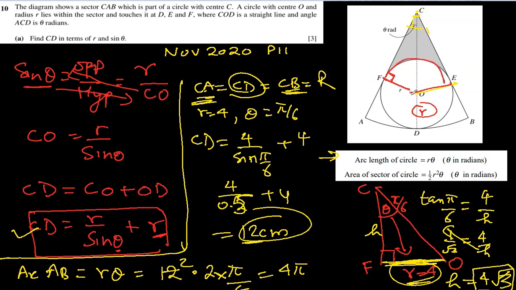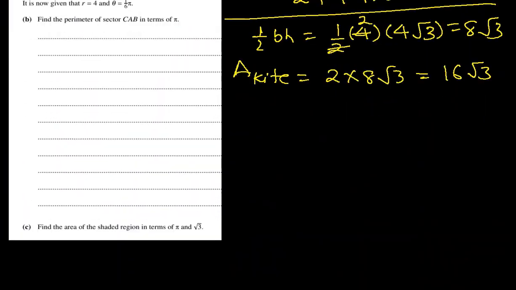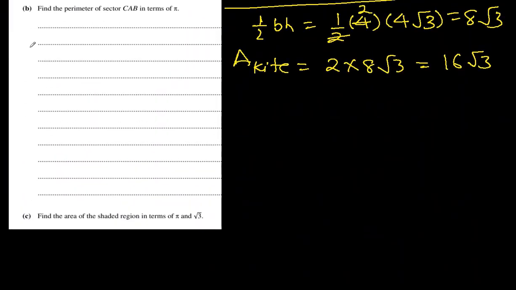Now we have to find the area of the sector, this sector. Okay, so do we know one of the angles? Yes, we know this angle because this is pi by 6, this is pi by 2, so remaining will be pi by 3. Okay, let me show the calculation here. So one angle of the triangle was pi by 6, one was pi by 2, which is 90 degree, and then the third one is unknown, and we know the sum of all the angles of a triangle is pi.